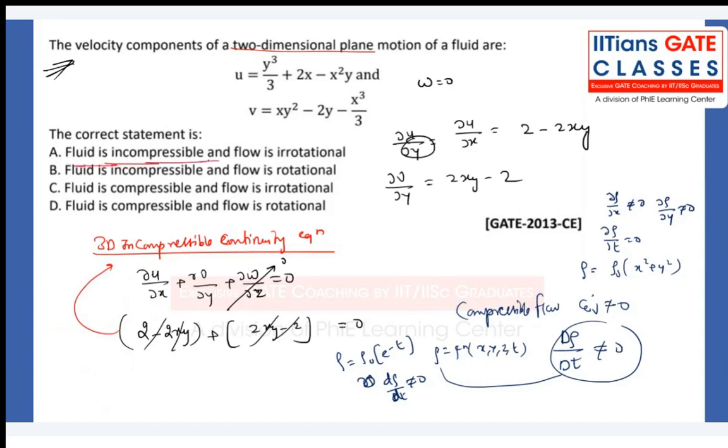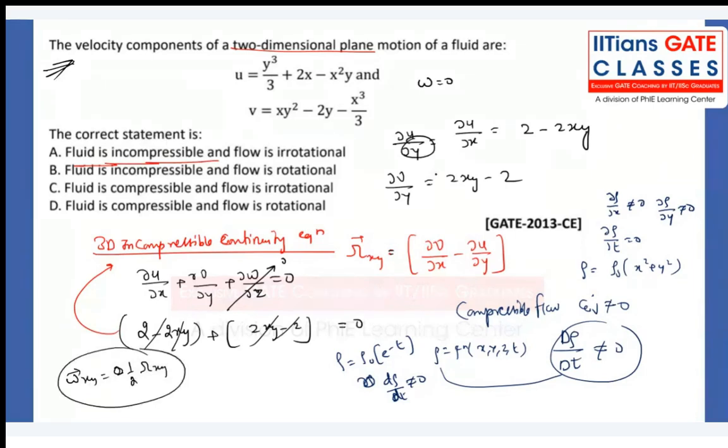Whether it is irrotational or not, let's check it out. Omega xy is dou v by dou x minus dou u by dou y, or you can calculate omega xy from half of that.